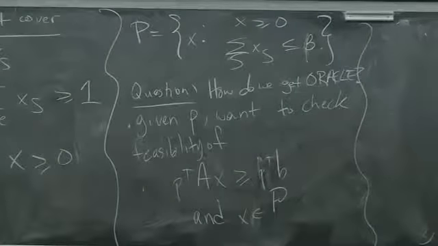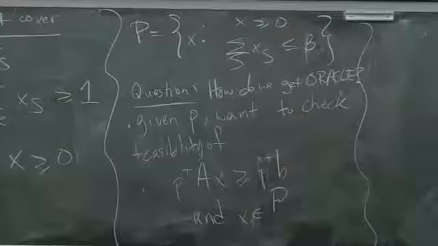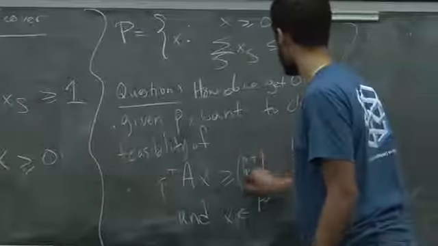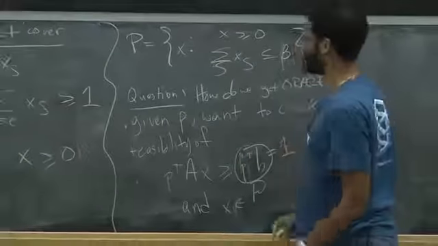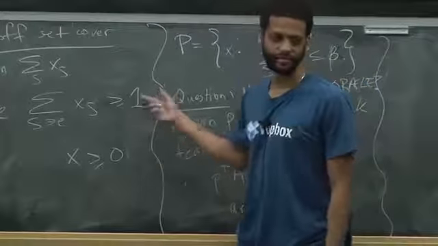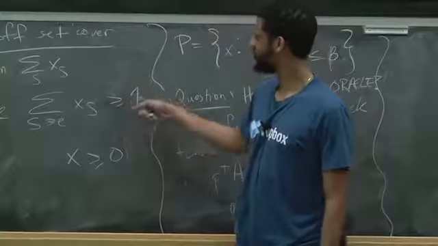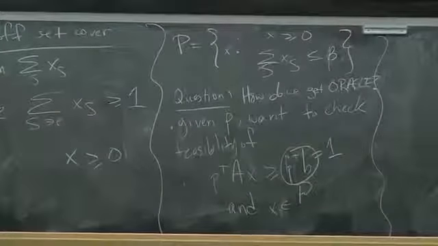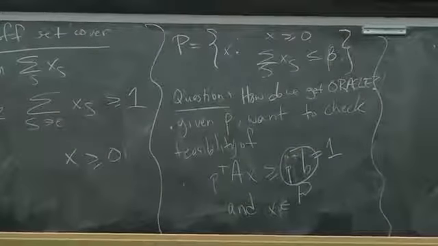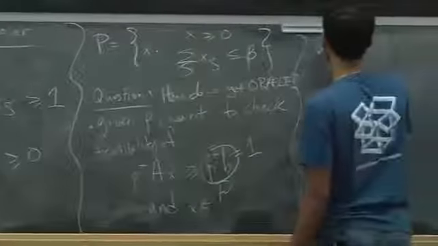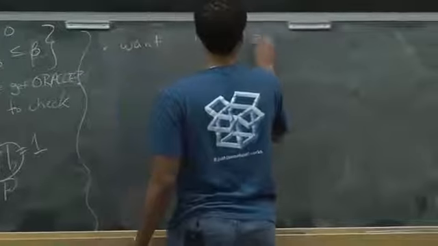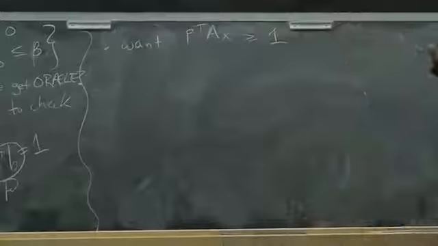Well, first of all, what's p transpose b? Yeah, p transpose b is 1. Right? b is just the right-hand side here. And so p transpose of this is just the sum of all the p_e's, which is 1. p is a probability distribution. So we want p transpose Ax to be bigger than or equal to 1. Now, what's p transpose Ax?